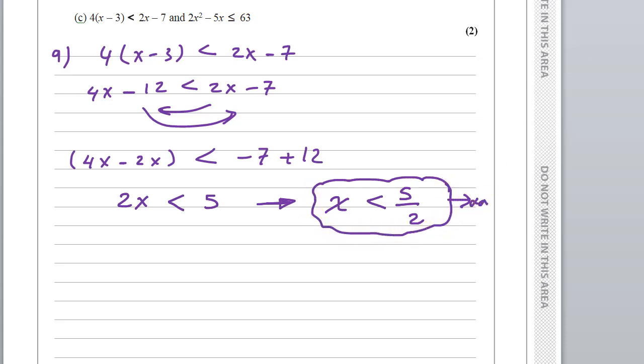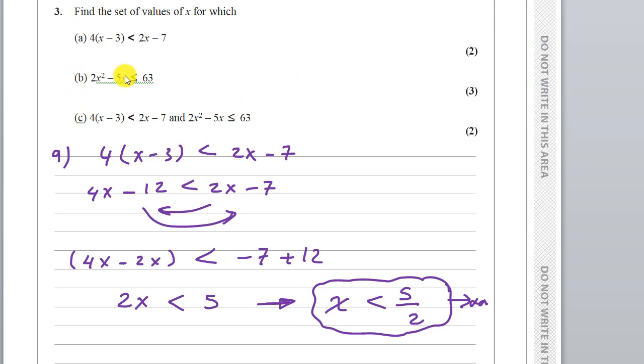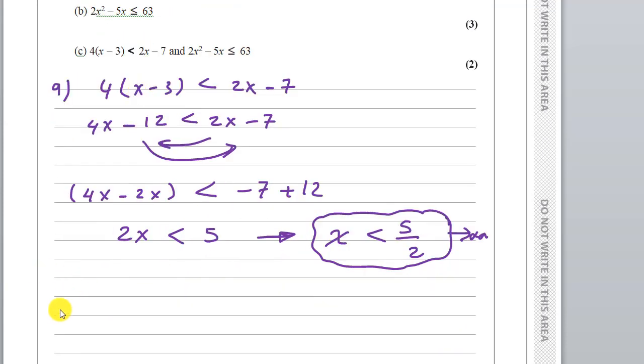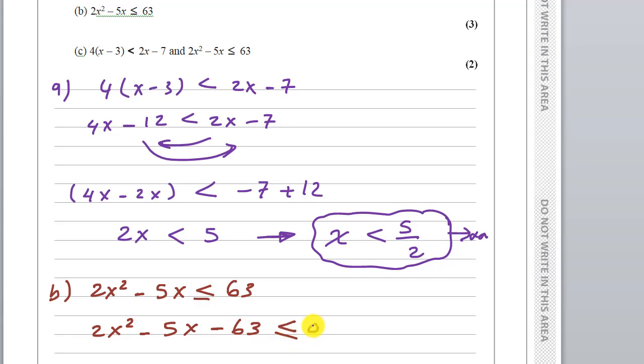Let us go ahead to another. Now, part B, 2x squared minus 5x is less than or equal to 63. So 2x squared minus 5x less than or equal to 63. So 2x squared minus 5x minus 63 is less than or equal to 0.